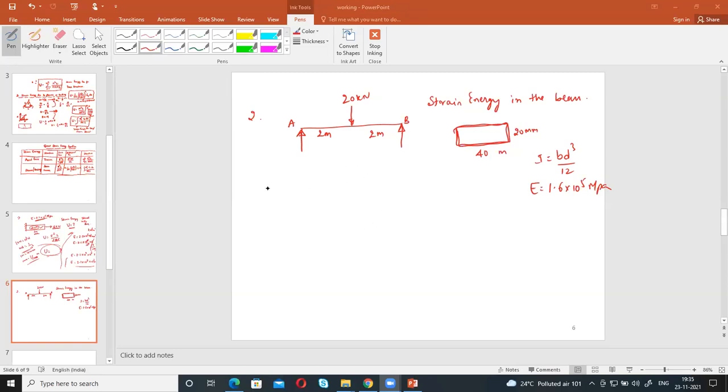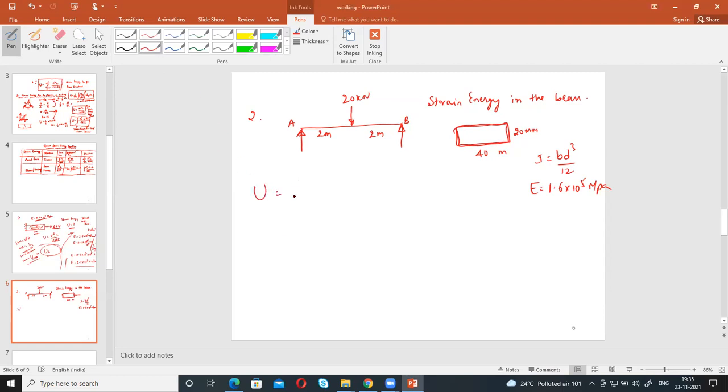See, what is the equation? What is the strain energy equation? What is the strain energy equation for beam? Don't see a section. What is the strain energy equation?